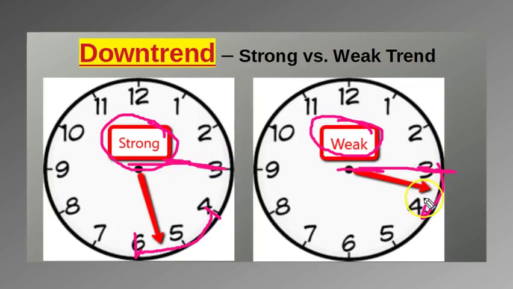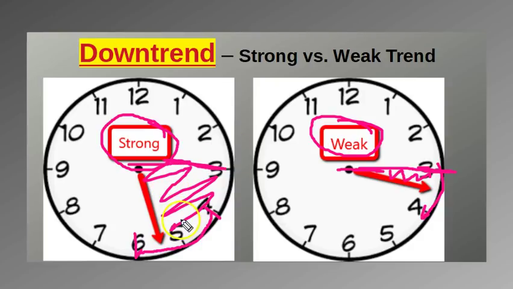So between 3 and 4 here is weak. And again, look at the angle. It's a very shallow angle. There isn't much of an angle. But from here, look at the angle. From 3 to here, wherever the minute hand is pointing, that's a very large angle. So the greater the angle shows you also the greater the strength of the price movement.